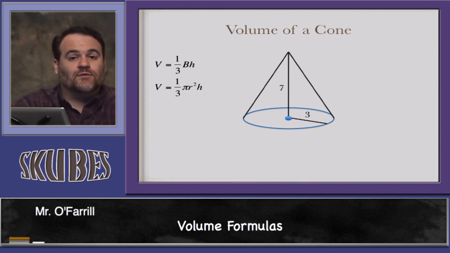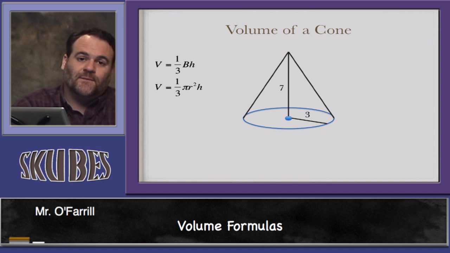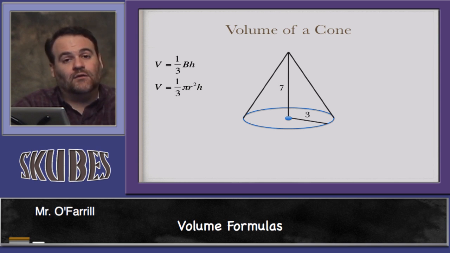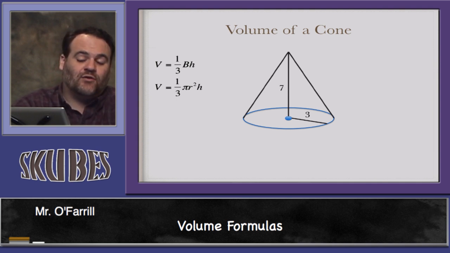The number 2 appears there. Now a cone has the same relationship to a cylinder, but this time it's three-dimensional. So instead of multiplying by 1/2, we're going to multiply by 1/3. It's the area of the base times the height times 1/3, or 1/3 pi r squared h.